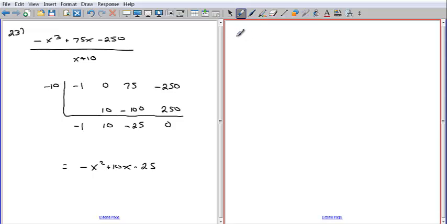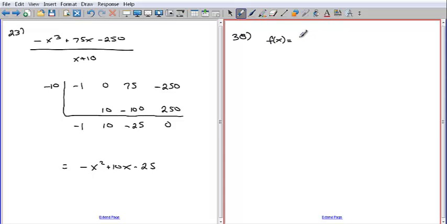Okay, on we go. 38. So 38 is in the next section. Express the function in the form of x minus k times q of x plus r for the given value of k and demonstrate that f of k equals r. Okay, makes complete sense.